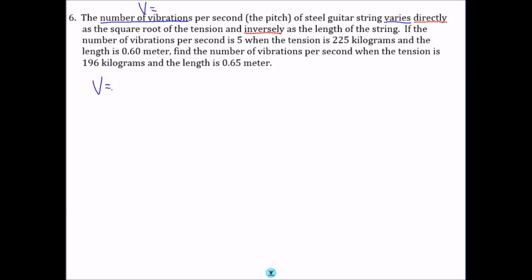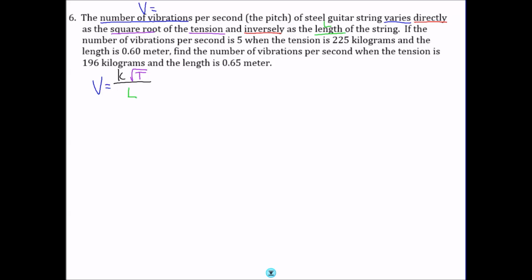Varies directly with the square root of the tension. So that's going to be square root of t. It says directly, so I need to have k times square root of t. And inversely with the length of the string. So I'm going to use L for that.